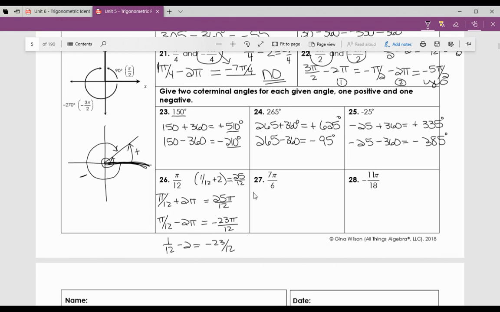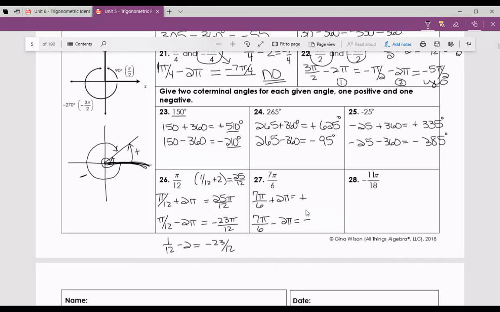So here, if I take 7 pi over 6 and I add 2 pi, the positive coterminal, and to get the negative coterminal, I'm going to subtract 2 pi. And I'm hoping that I get those desired outcomes. If you don't, add 2 pi again. If you do, stop.